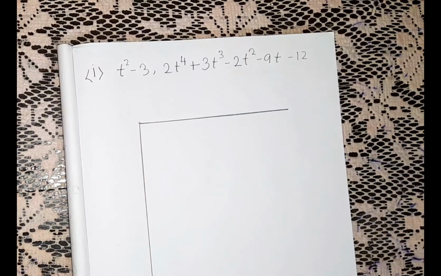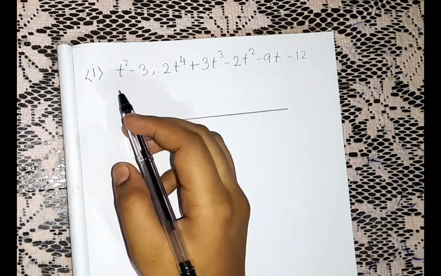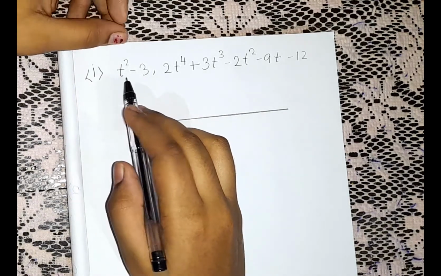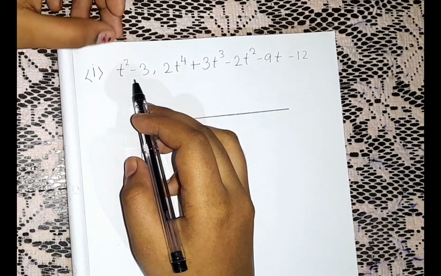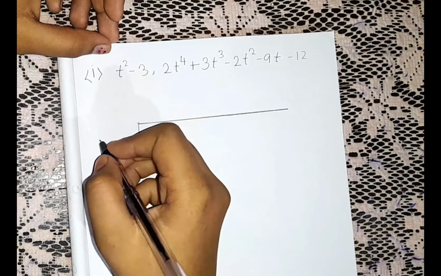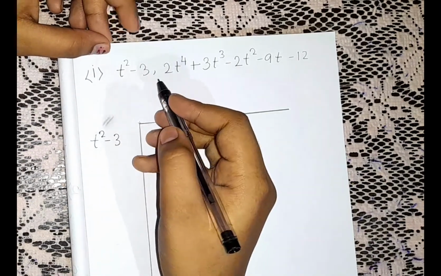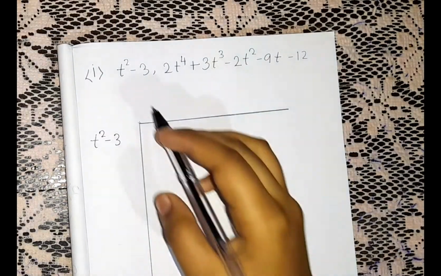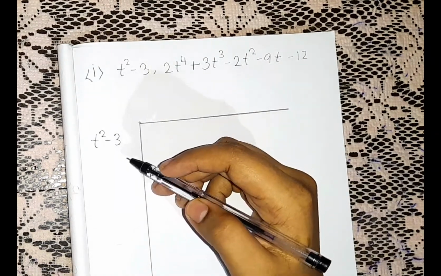Okay guys, now let me write t square minus 3 outside right over here. When we check the order, it is perfect, because first we are supposed to write the variable term and then the constant term. So first I am writing t square minus 3. Because of this comma, I identified that t square minus 3 is supposed to be written in the divisor part.